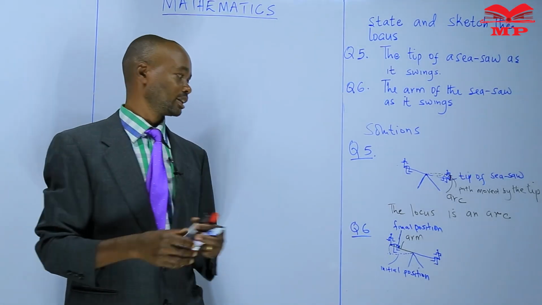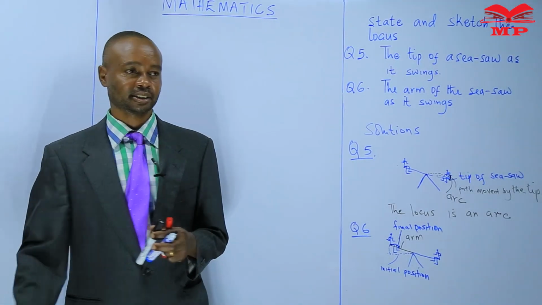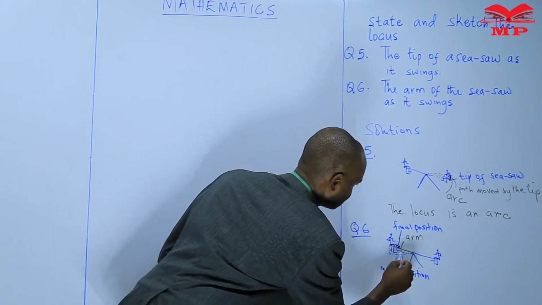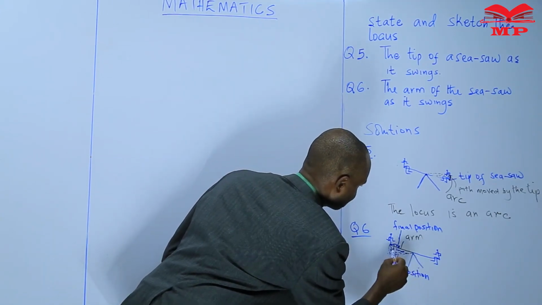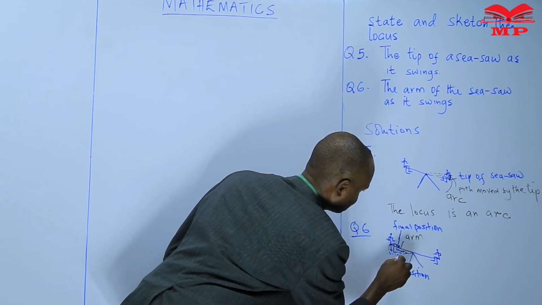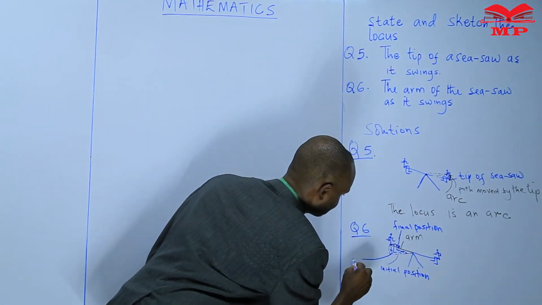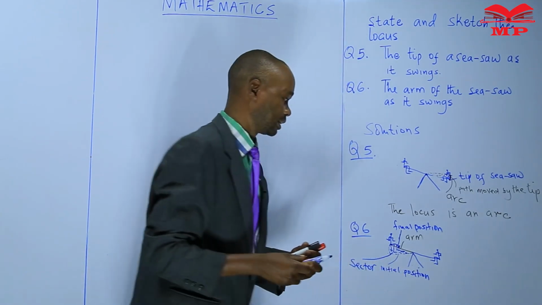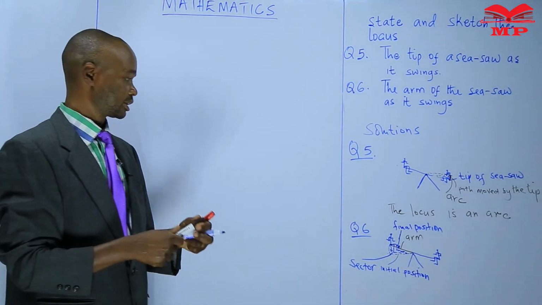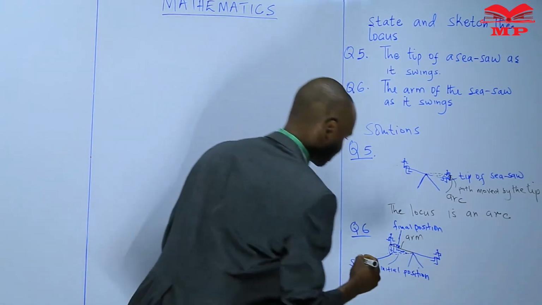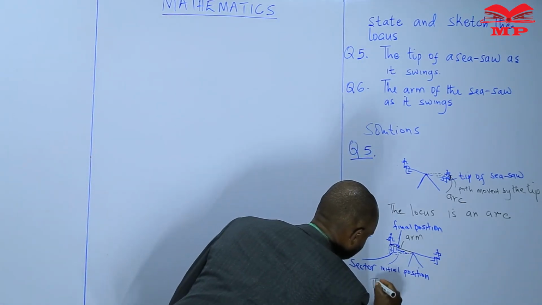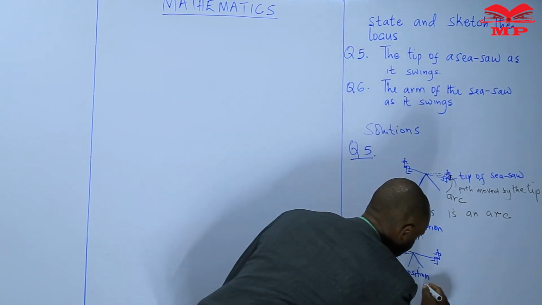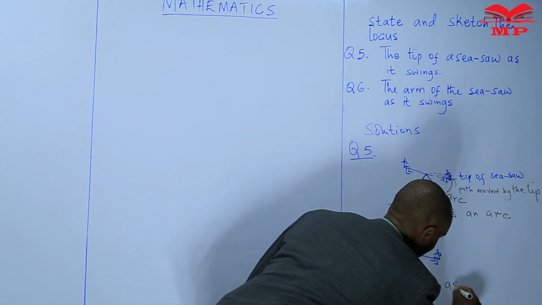We note that an arm is a line. It will sweep out a certain region. This region is a sector. That region is a sector. So the locus is a sector.